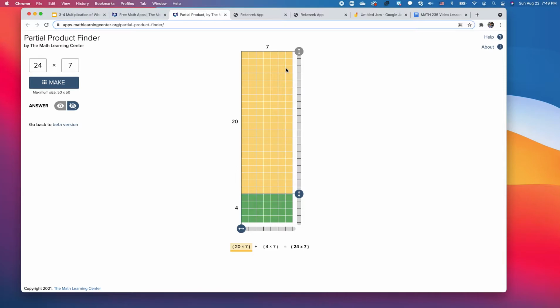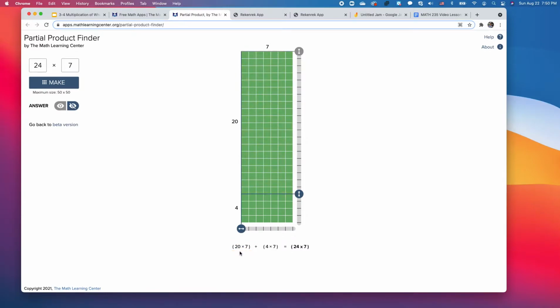Nothing has changed. I just find partial products here and there and add them together. The area of this rectangle is 20 times 7, which is 140. And this rectangle here is 4 times 7, which is 28. So together it is 24 times 7. But it's so much easier to calculate 20 times 7 and add 4 times 7 than to just do 24 times 7.